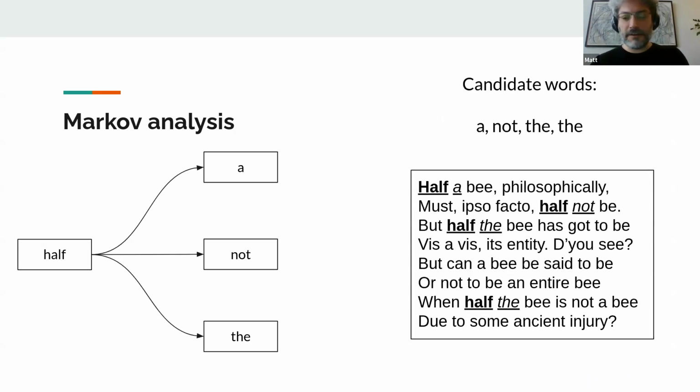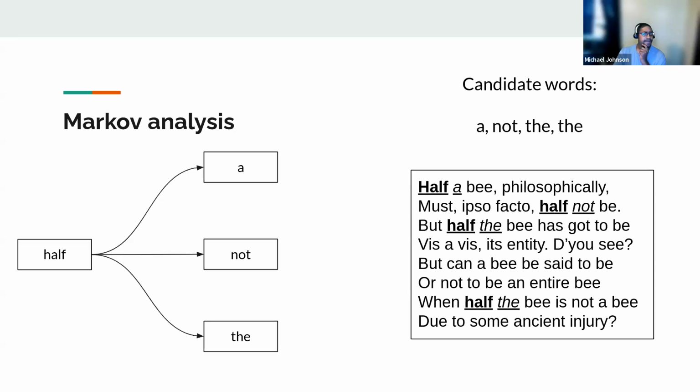Here's a Monty Python quote. This came from a Python textbook, and they love quoting Monty Python over there because that's how Python got its name. So here's a Monty Python song about bees. I performed the same kind of analysis on that: half "a," half "not," and half "the." What's the probability that we will randomly select either of these words? 25, 25, 50.